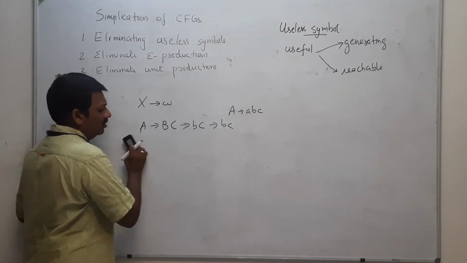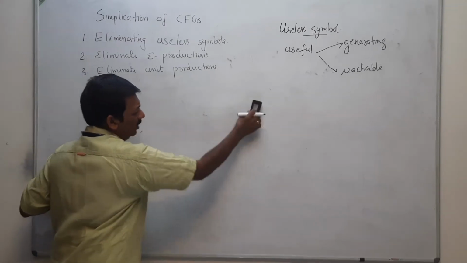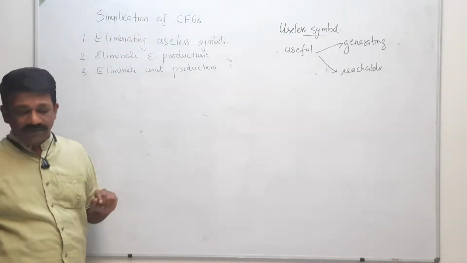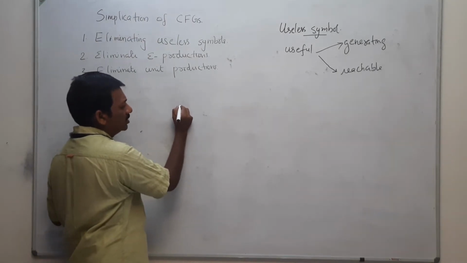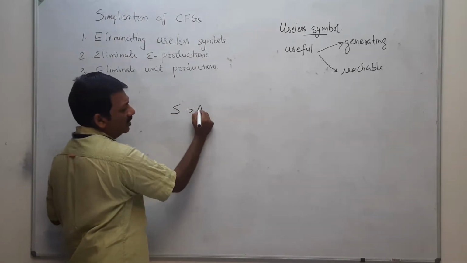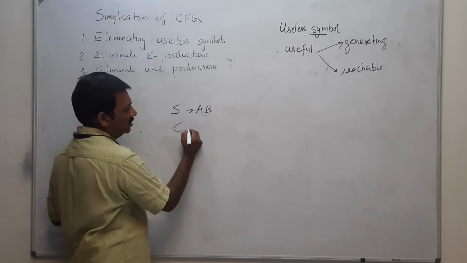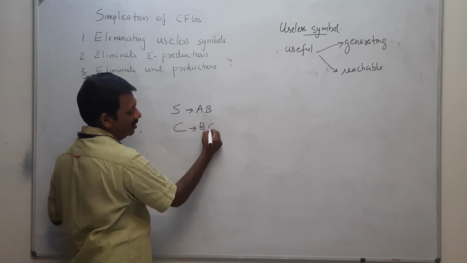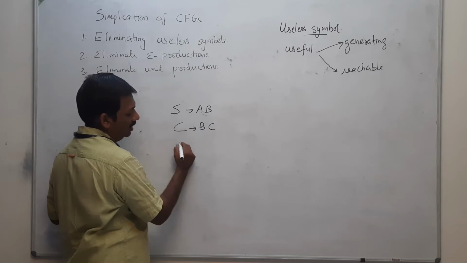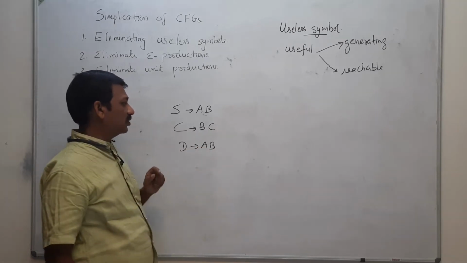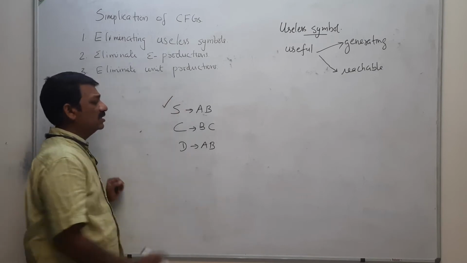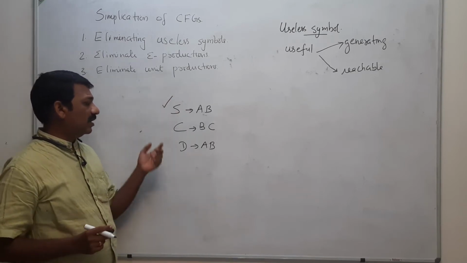And a symbol is said to be reachable. Reachable in the sense, for example, suppose that you have S derives AB, C derives BC and D derives AB. Suppose that these are 3 productions and suppose that S is the start symbol.